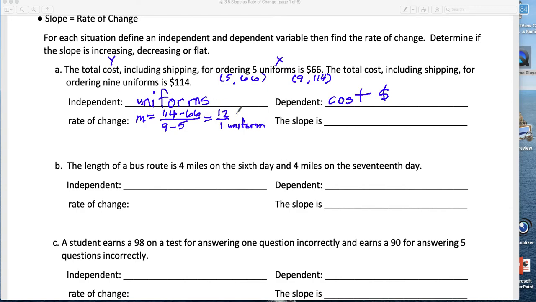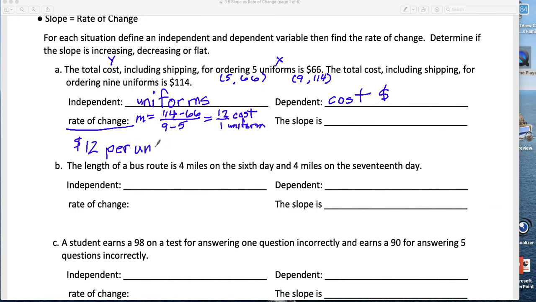And this is cost up here in dollars. So when I write out what my rate of change is right here, my rate of change is $12 for every uniform, or per uniform. We're going to see how we can interchange those words later.